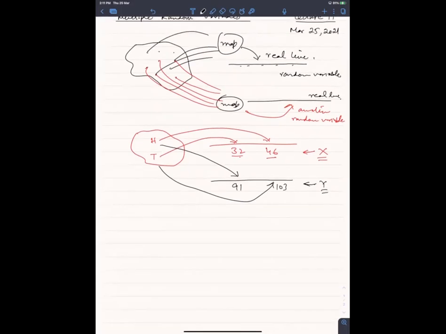Once you define a random variable as a mapping from the sample space to the real number line, then you can answer any kind of probability question about that random variable. For example, I can answer this question: what is the probability x is greater than 5?